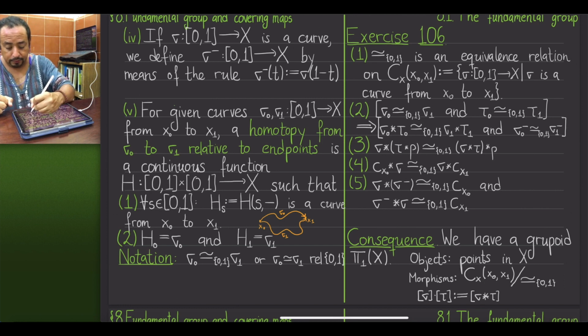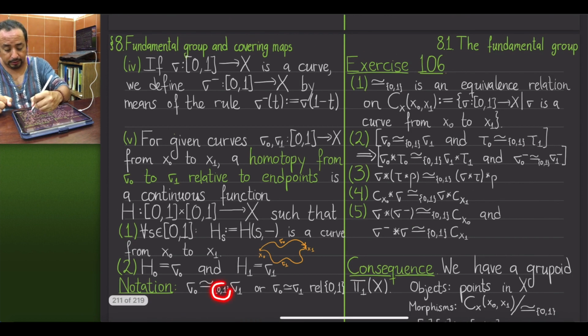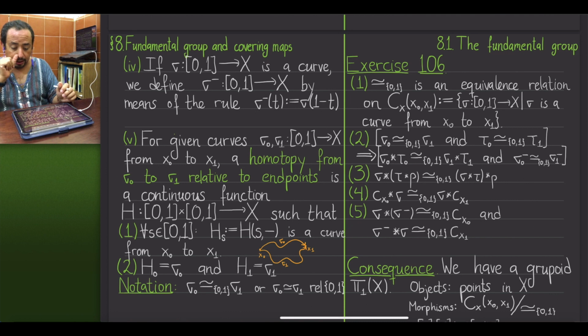So this 0 is this 0 and this 1 is this 1, as opposed to this one, I mean, here, this is the time parameter. So these are not in the time parameter, but rather the starting and ending points in the interval that is the domain of each of the curves.